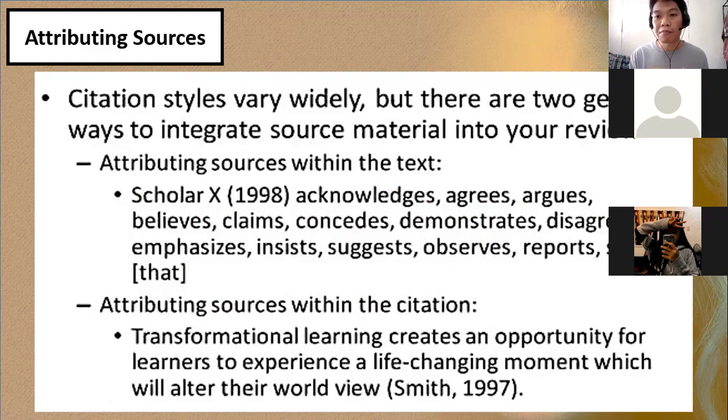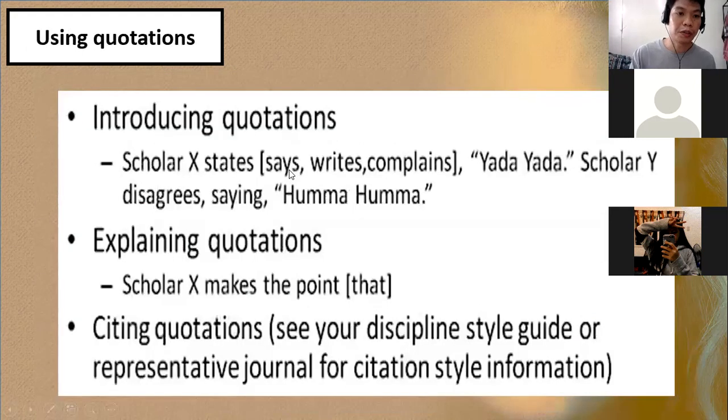You can find the dictionary very useful when it comes to writing your research. We also have attributing sources within the citation, or the in-text citation. For example: transformational learning creates an opportunity for learners to experience a life-changing moment which will alter their worldview, followed by the parenthesis. So these are the two ways on how to attribute your sources in related literature.